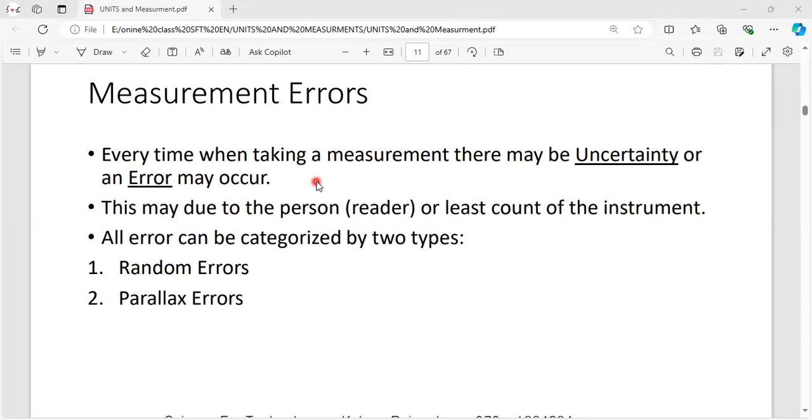This may be due to the person or the least count of the instrument. Either it may be a human error or it may be due to the least count of the instrument. All the errors can be categorized into these two, the random and the parallax error. We'll talk about these two separately.